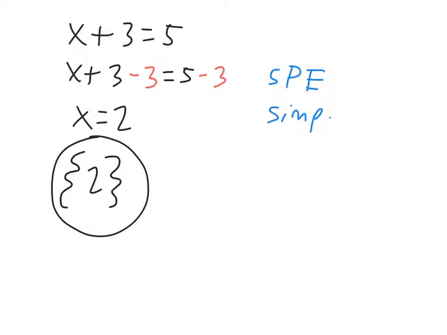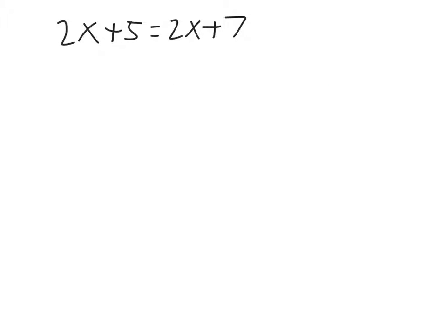Now let's move on to special solutions. Alright, so let's look at this equation. We have 2x plus 5 equals 2x plus 7. So first, we have x's on both sides of the equation, and we want to get them together. So let's rewrite the equation. 2x plus 5, and we want to get rid of 2x from one side and bring it to the other.